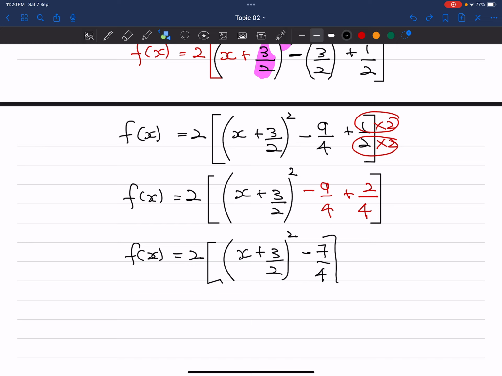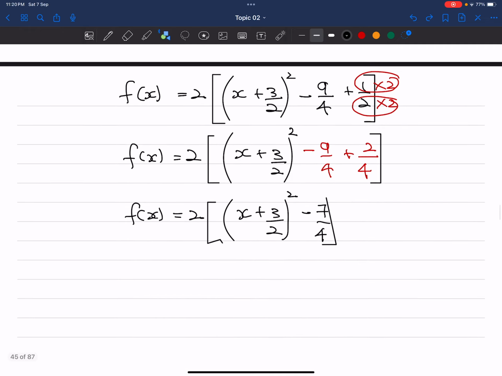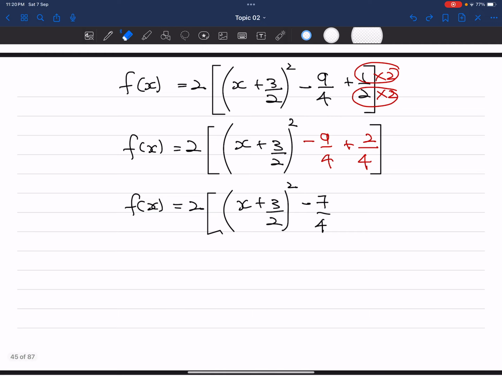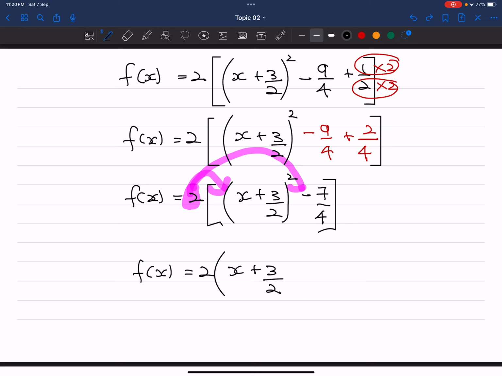Our work is not complete yet because we still have the 2 outside and you have to bring the 2 inside, which means now our f(x) equals 2 brackets x plus 3 over 2.